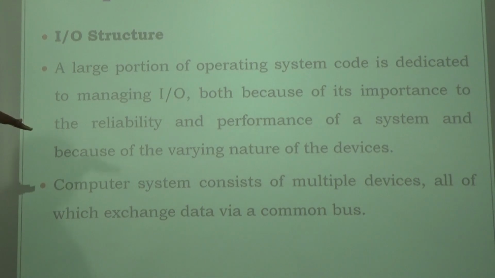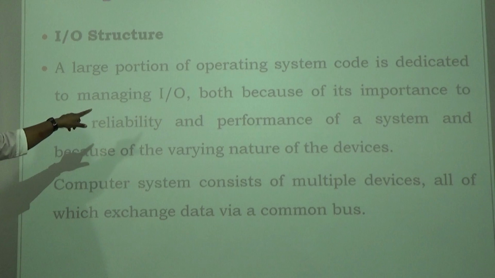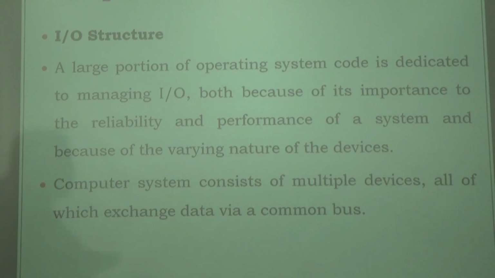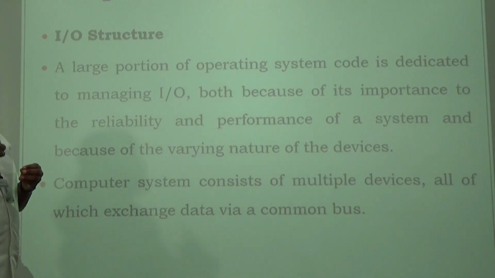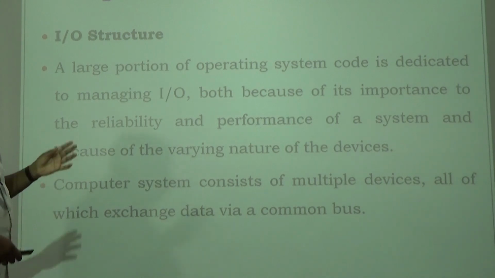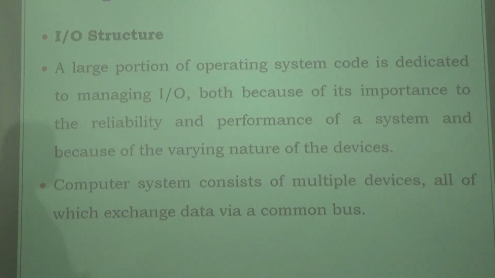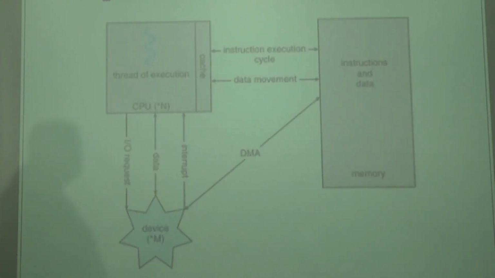It dedicatedly manages the input and output, because it is important for giving reliability and performance to a system, since different devices can be attached and give different activities. That all should be managed by the operating system via a common bus.